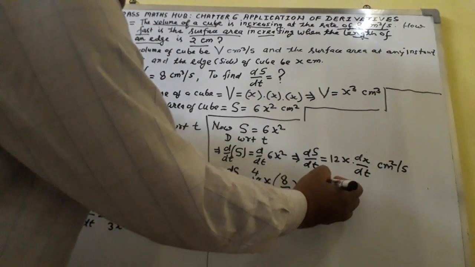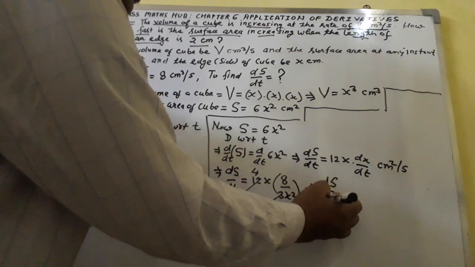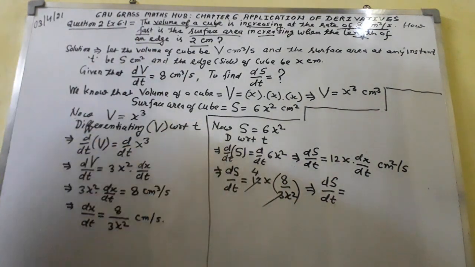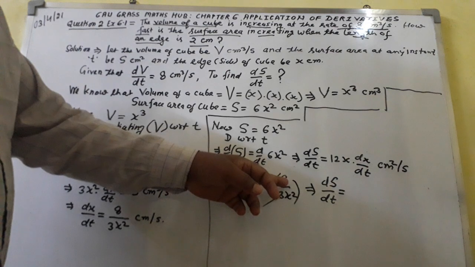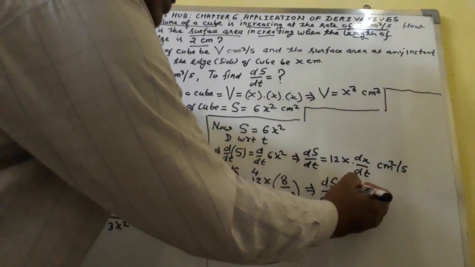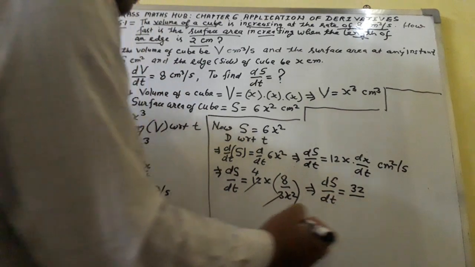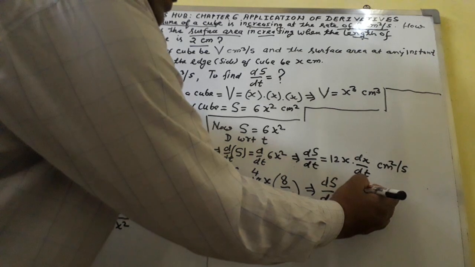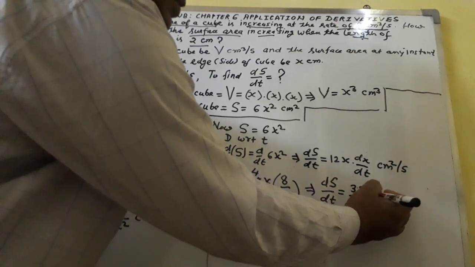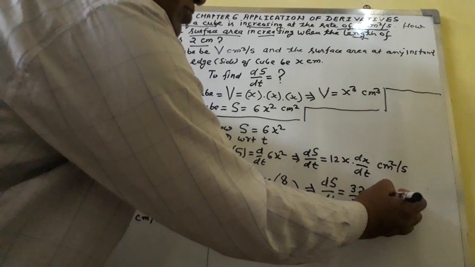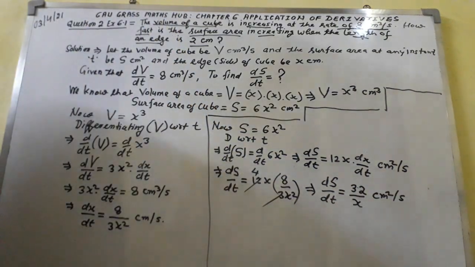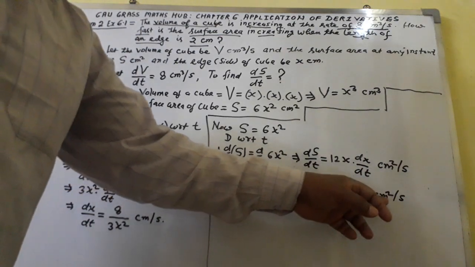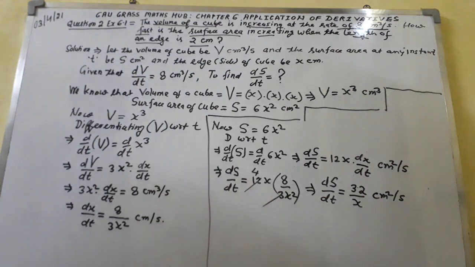Implies that dS over dt is equal to, this x, this x will be cancelled out, 4 times 8 is 32, 32 over x we shall get. dS over dt we have got 32 over x centimeter square per second.